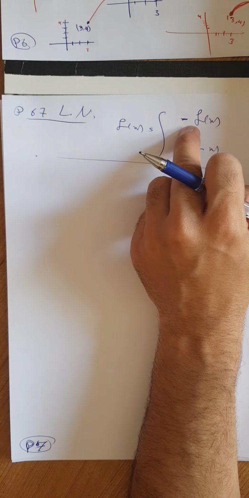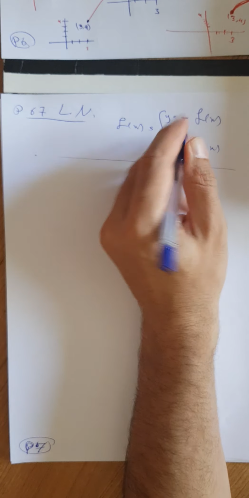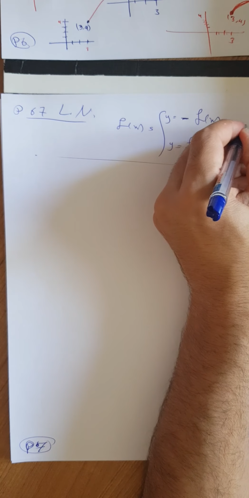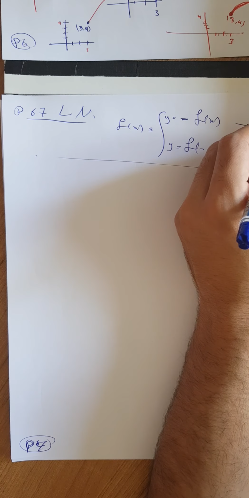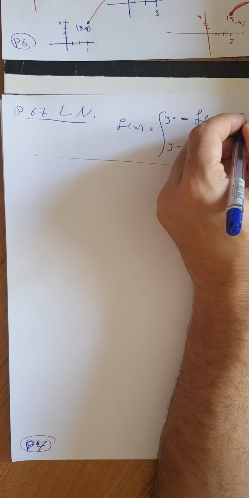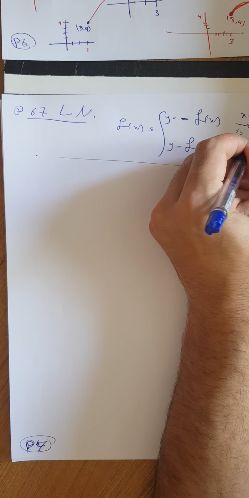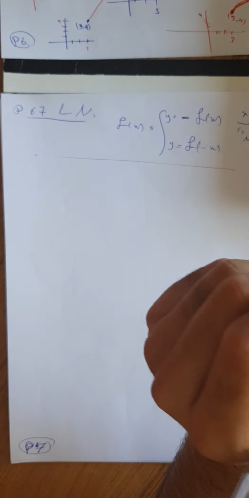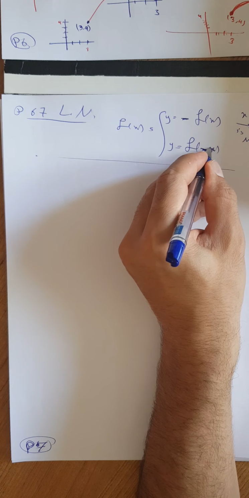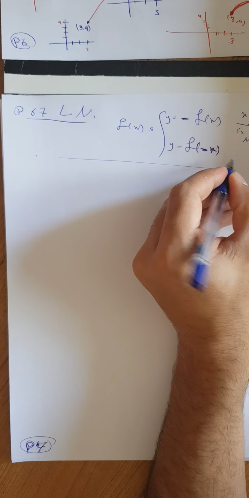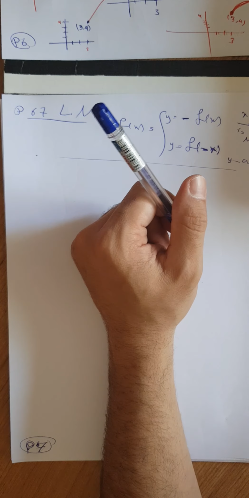So if the reflection is y equal to minus f of x, it means that we are reflecting over the x-axis, which means the x-axis is our mirror. When the negative is inside the function, it means the y-axis is our mirror, our reflection axis.